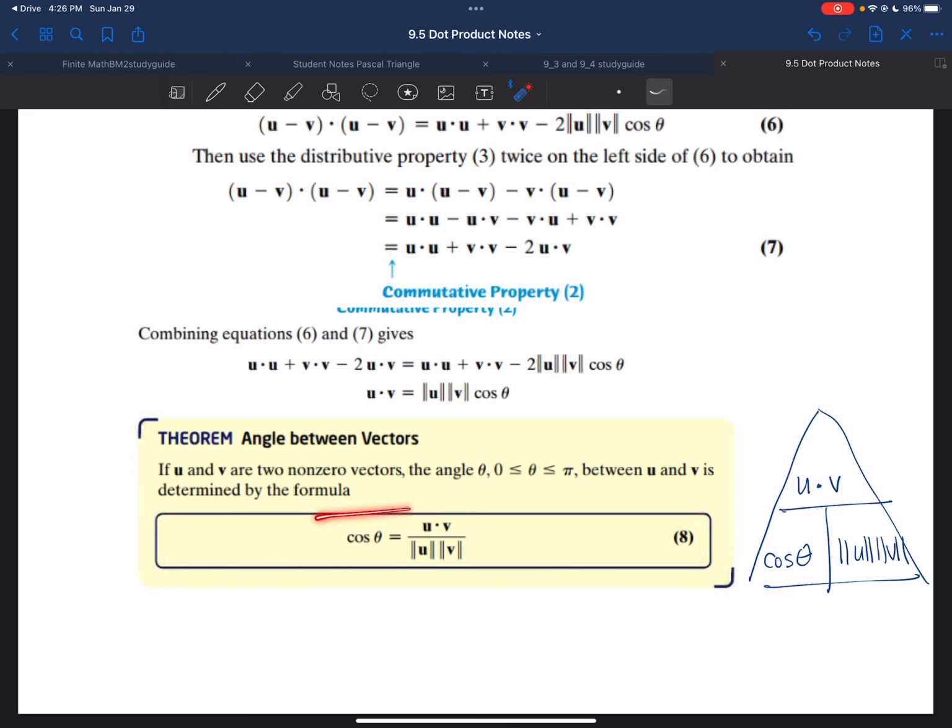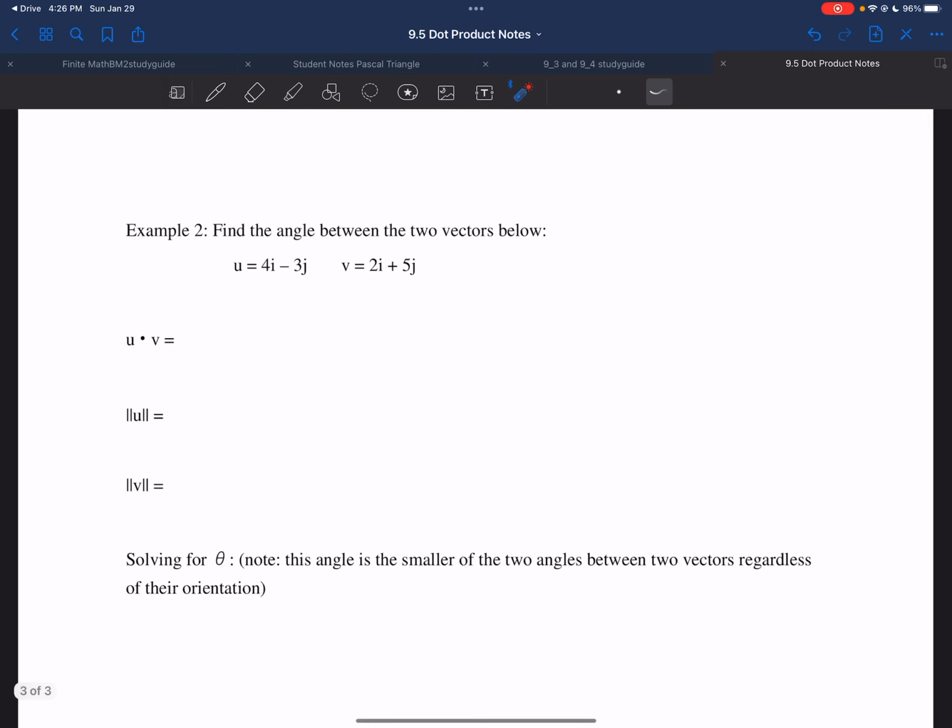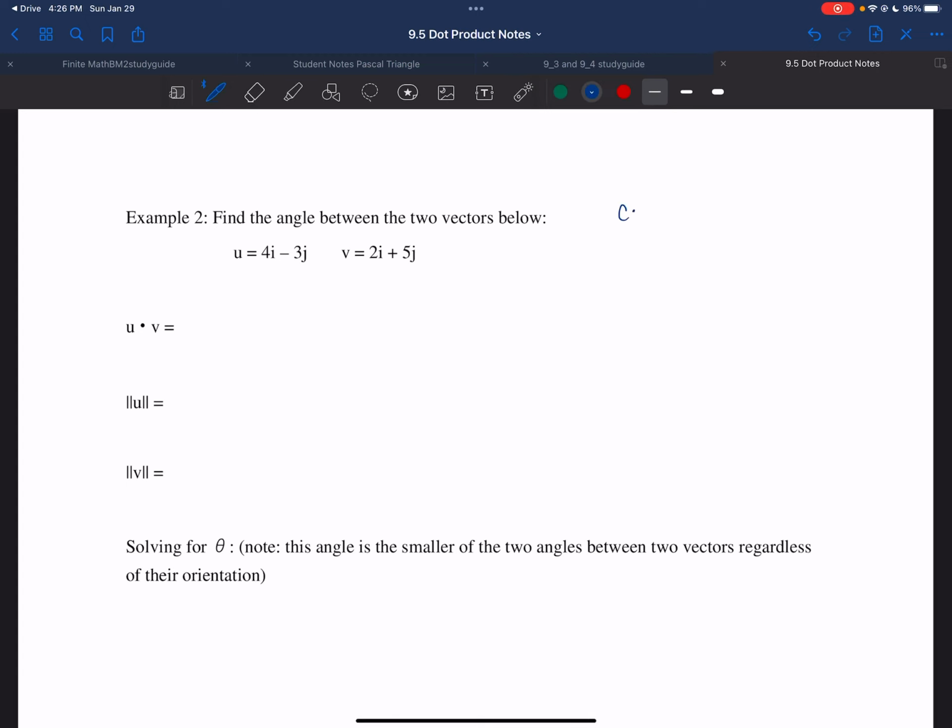So let's go ahead and take a look at this, and we're going to do some example problems, right? So we had cosine of theta is equal to u dot v over the magnitudes of u and v. So I'm copying that over here.